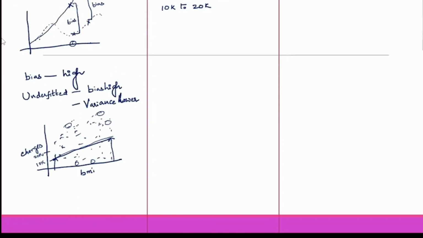Whereas in the predicted model, because it's a very linear model, I don't see too much variation in the values. So the variation in the output that I'm going to get, which is the variance, will be lower.